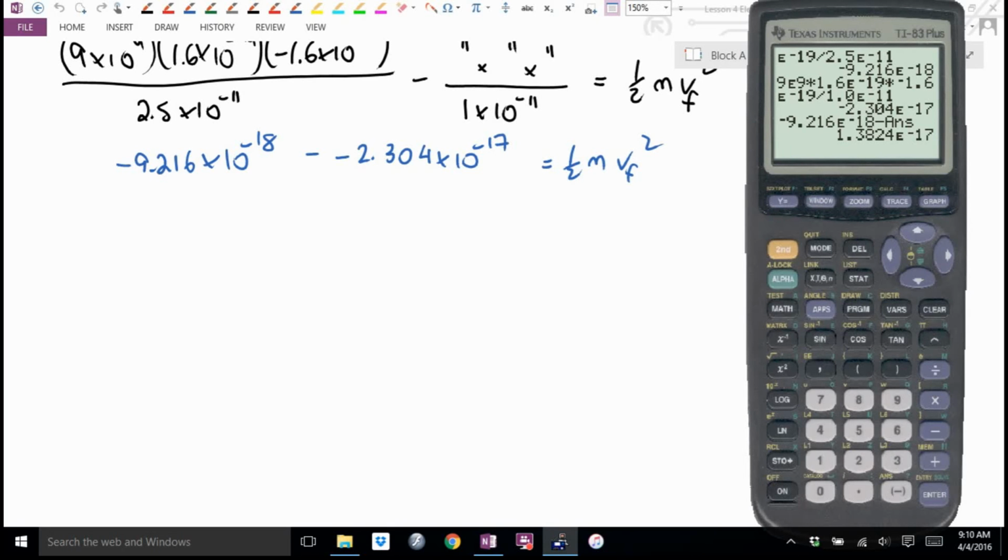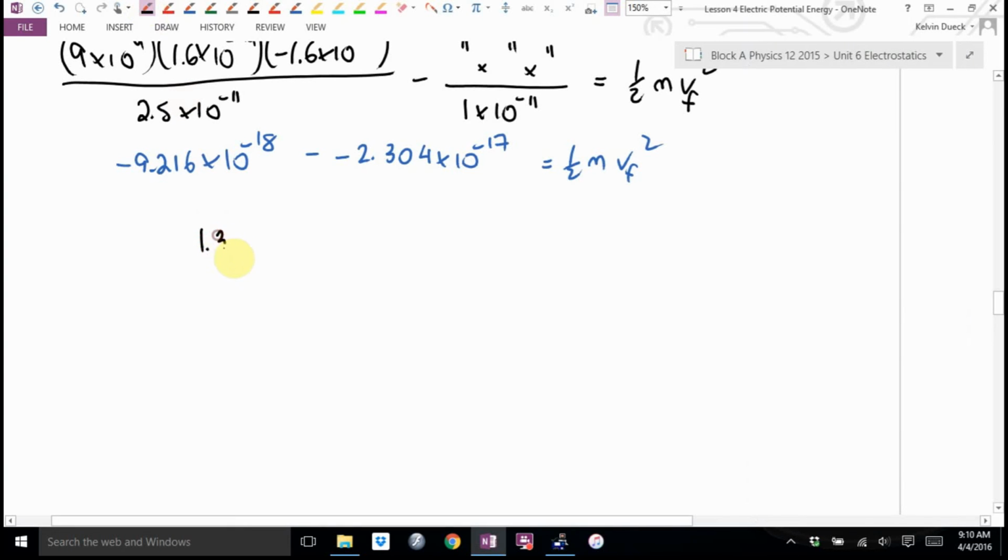Is that right? 1.3824 times 10 to the negative 17? Yep. 1.3824 times 10 to the negative 17 equals a half mv squared. V final, but since it's the only V now, I'll just write V. Robbie, how would I get the V by itself?